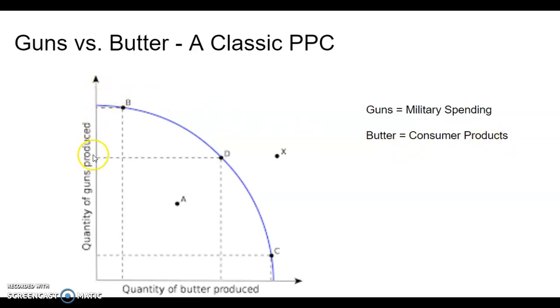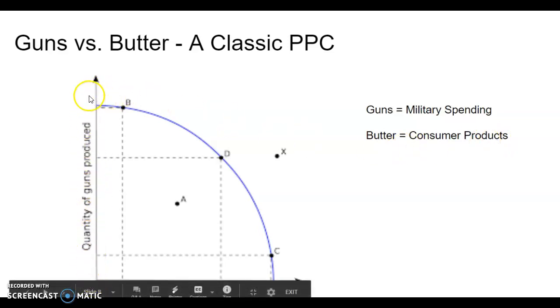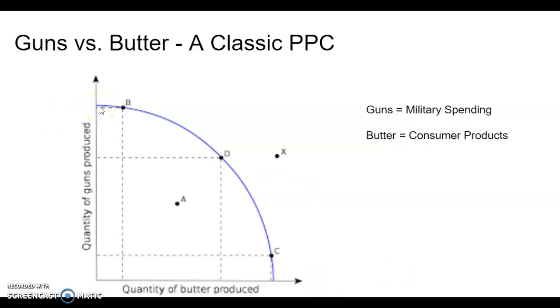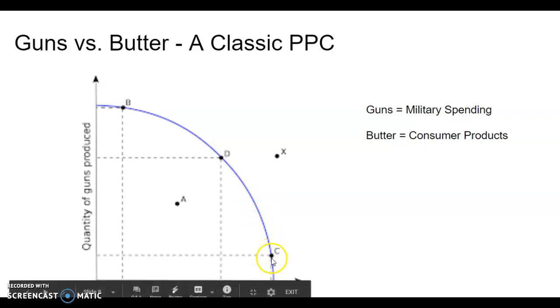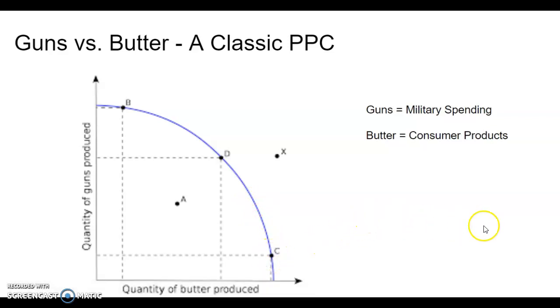So over here, you can see that they have plotted the amount of guns that can be produced, and then down here, you probably can't see it right now, but this would be butter. And so as you are able to produce more guns, you produce less butter. And then as you move along this curve, you're creating more butter and producing less guns.